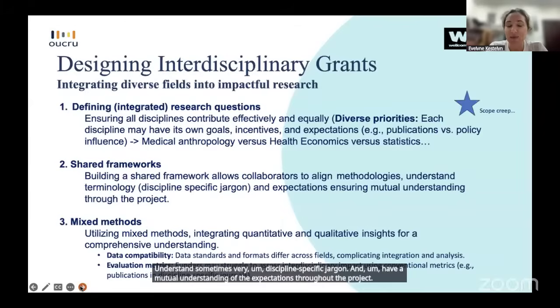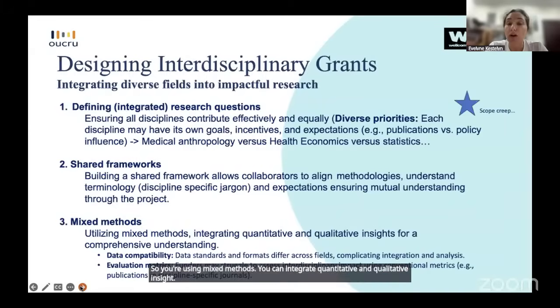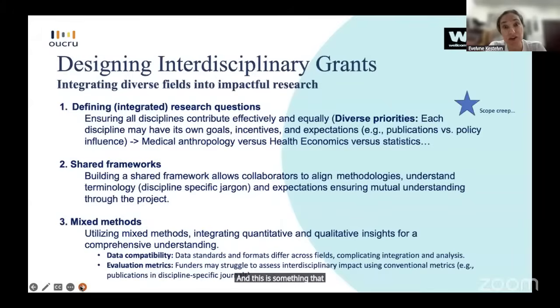And finally, something that I'm a big fan of is mixed methods. So you're using mixed methods. You can integrate quantitative and qualitative insight for a more holistic and comprehensive understanding of your research question. And this is something that funders like to see. Are you adding a health economic question to the development of your new drug?